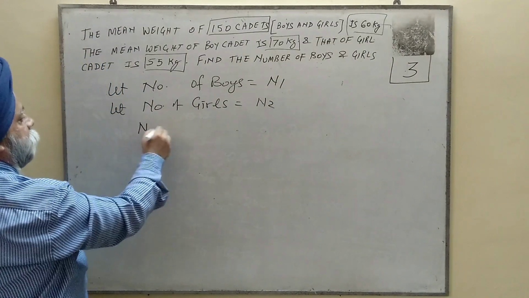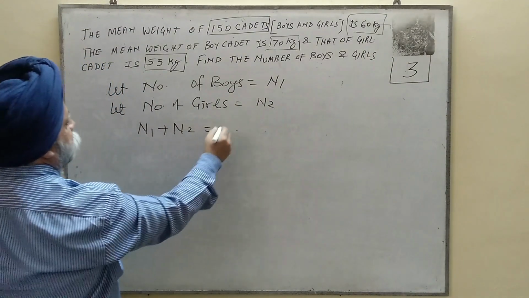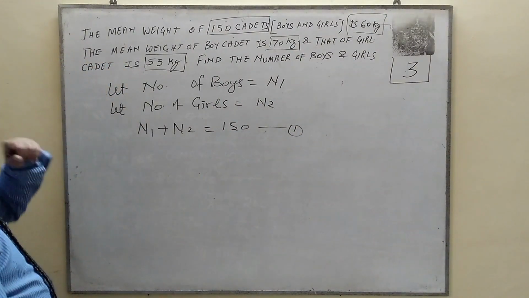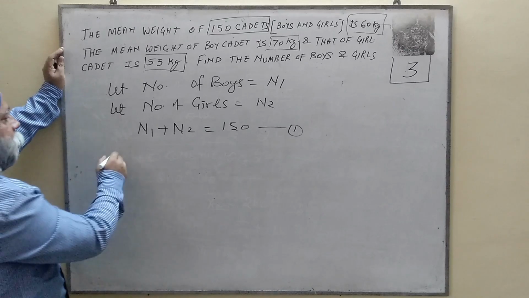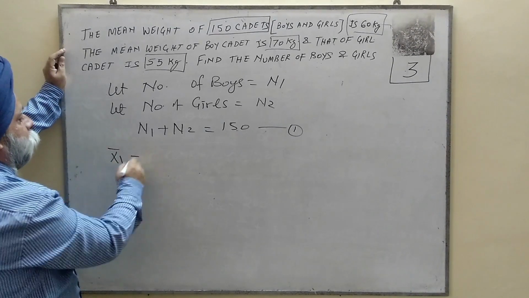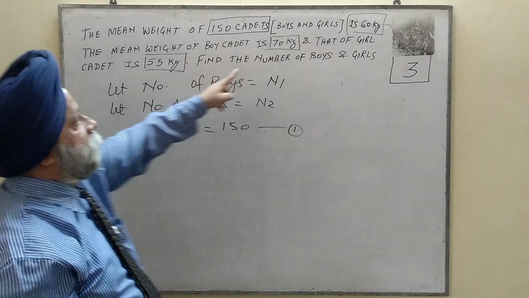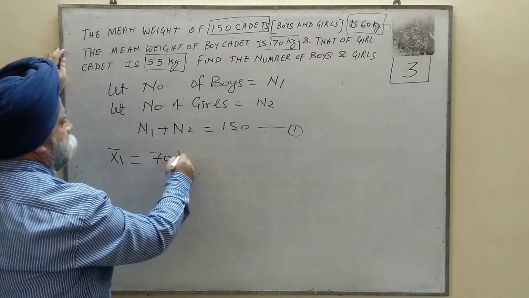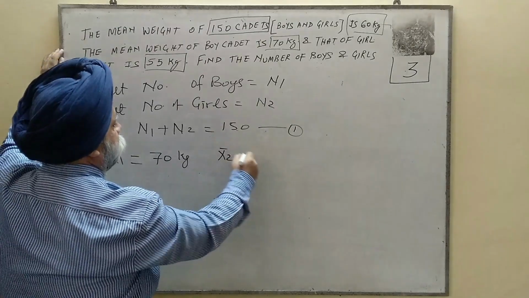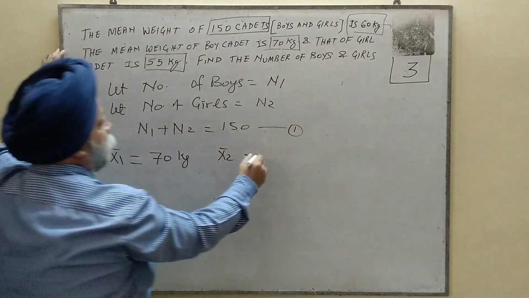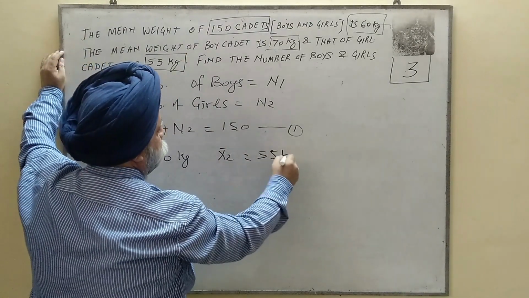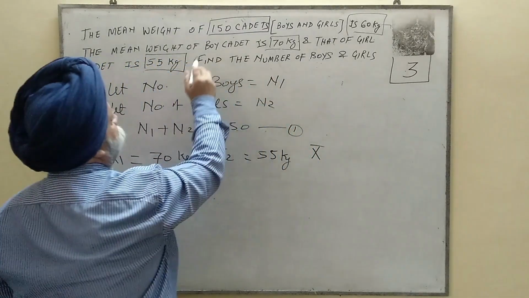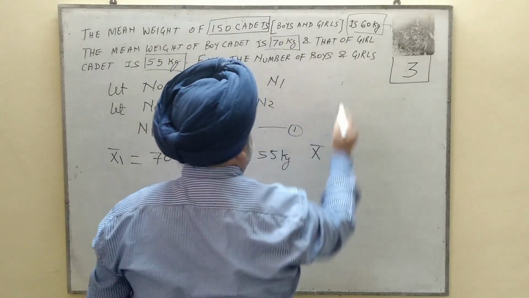Now N1 plus N2 दोनों का सम 150 दिया है. फर्स्ट इक्वेशन. कंबाइंड मीन का फॉर्मूले में X1 bar is already been given. बॉयज के लिए 70 kg दिया है and X2 bar for the girls is 55 kg and combined mean has been given to be 60 kg.